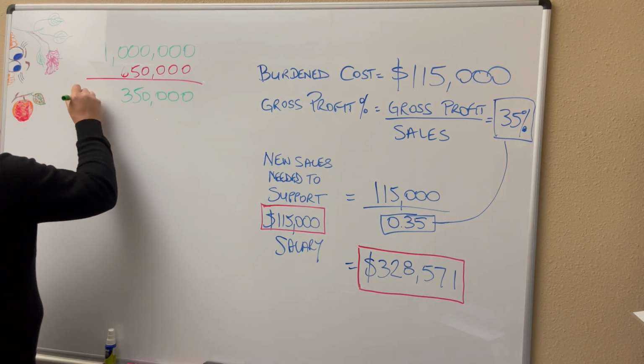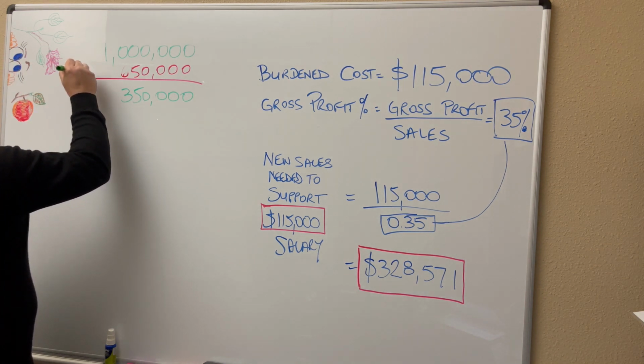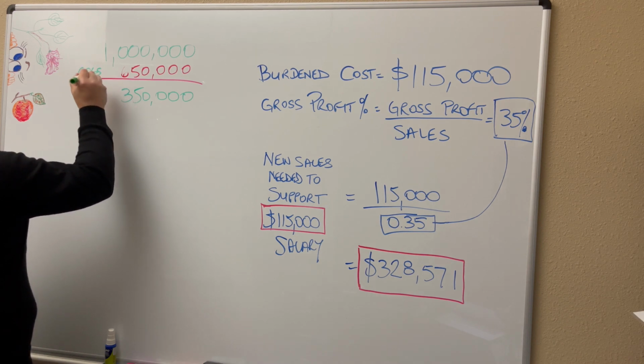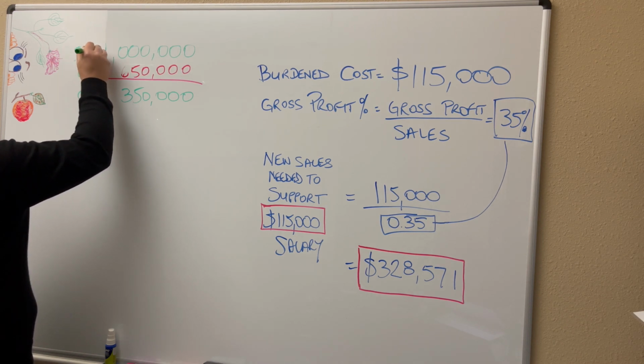So this is gross profit. This is our cost of goods sold, and this is our sales.